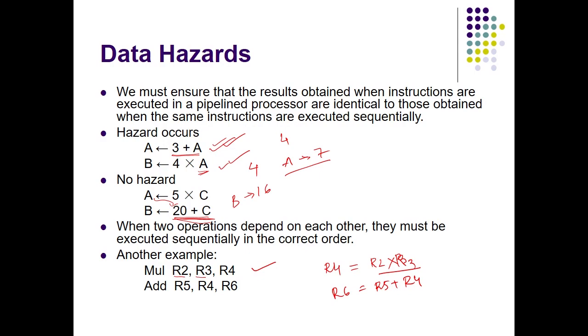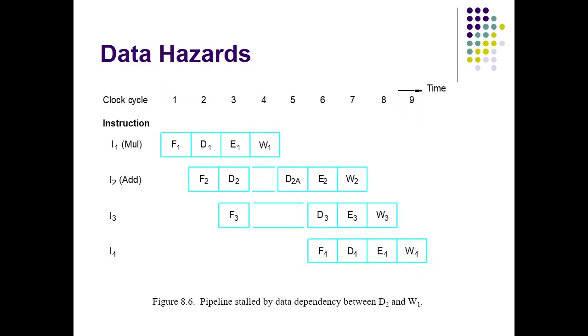So, what will be the problem? Let us say this is the multiplication instruction, and there is no other instruction, for simplicity. It will fetch, then decode, execute and write back.